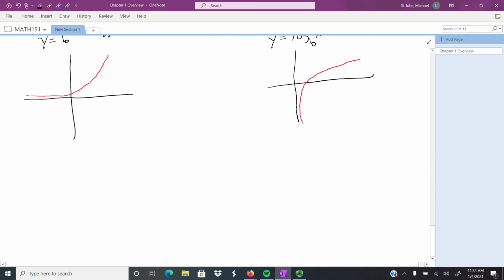So we had a function that said that for every x there is only one y, and then you had the idea of a function being 1 to 1.